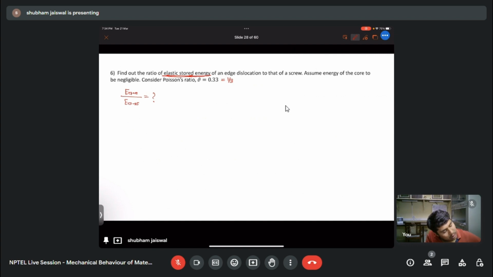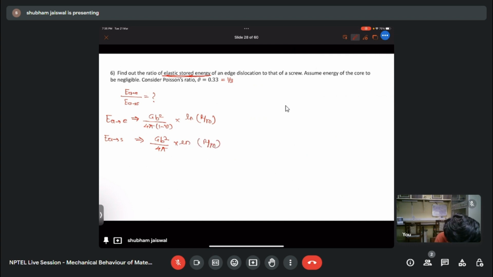So here we know the elastic energy of an edge dislocation is given by the equation G b square upon 4 pi (1 minus nu) into ln of R by R naught. Whereas the elastic energy of a screw dislocation is given by G b square upon 4 pi into ln R upon R naught.